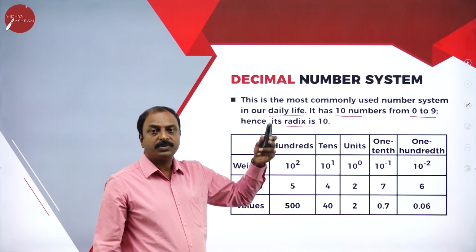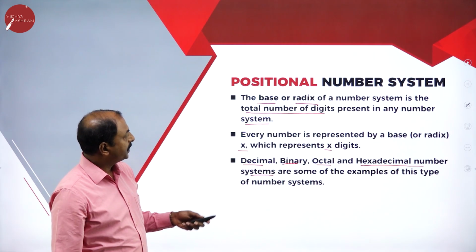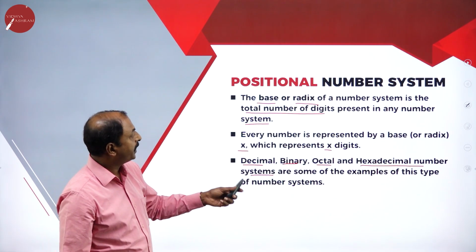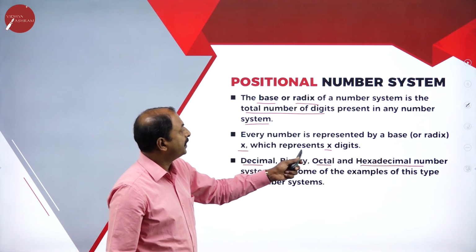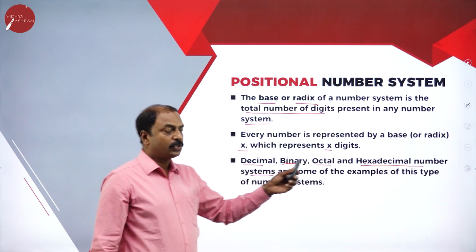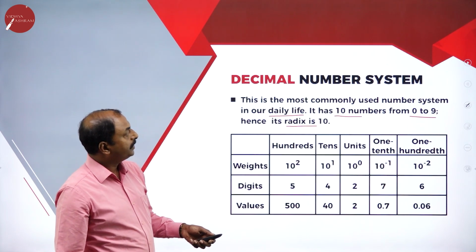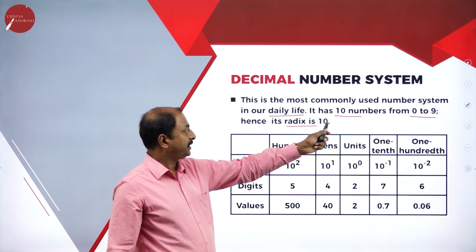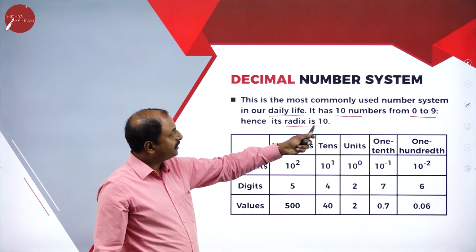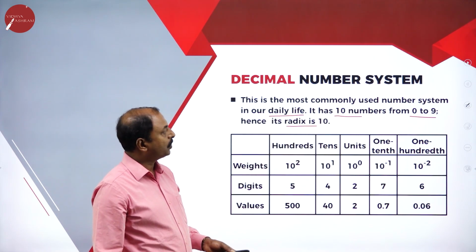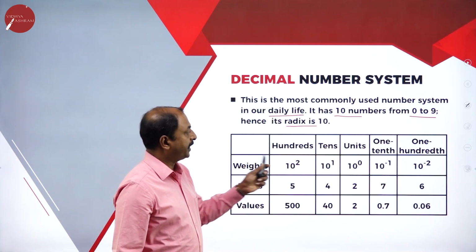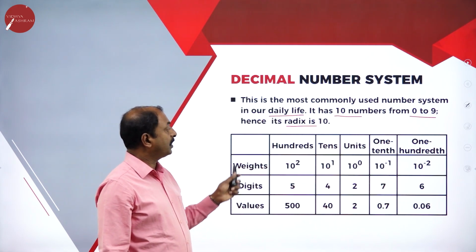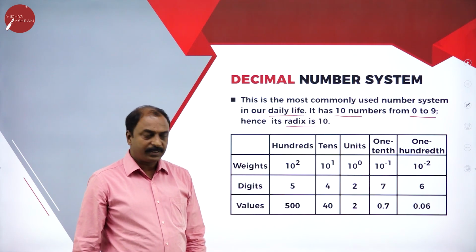As you have seen in our previous slide, every number system is represented by the base X, which represents X digits. Similarly, in this example, as the radix or base is 10, it consists of 10 digits starting from 0 to 9. Now look at the example. This is what we call the positional number system.